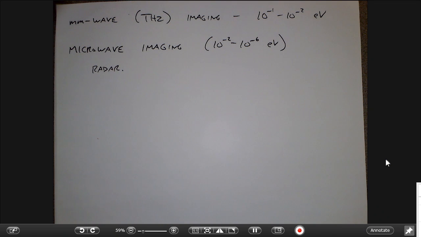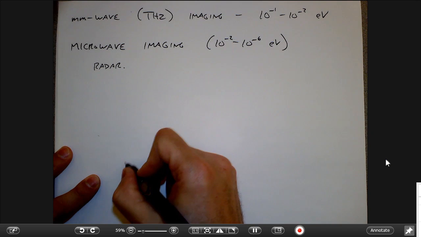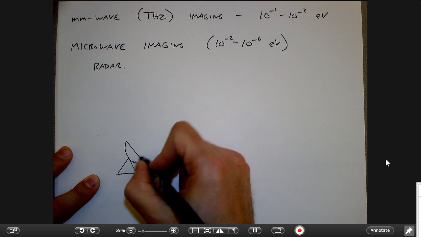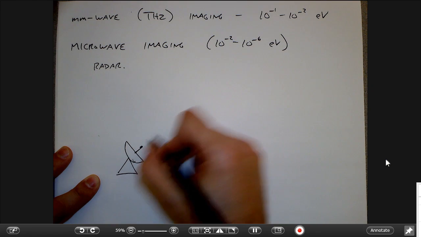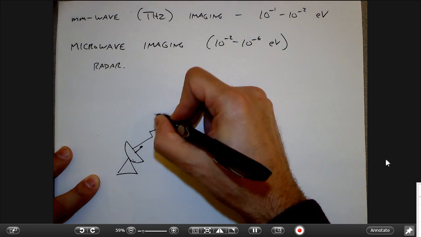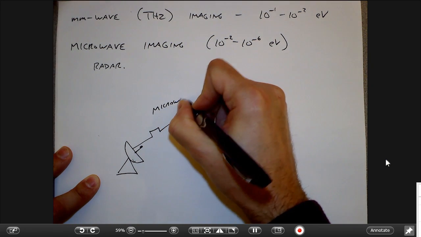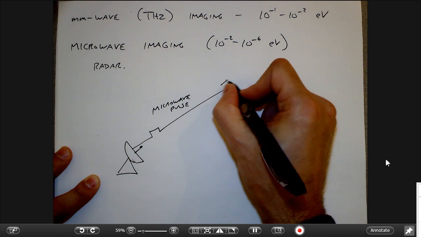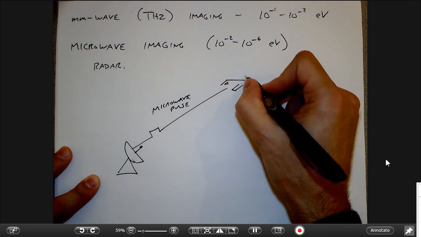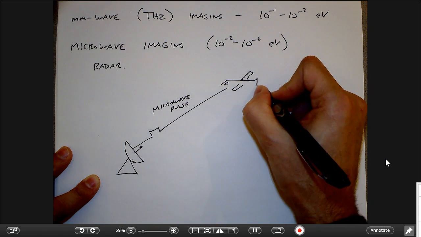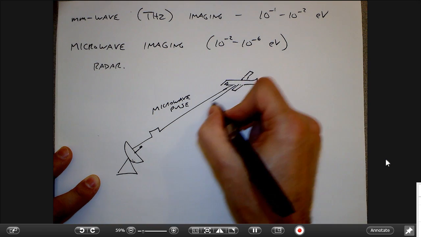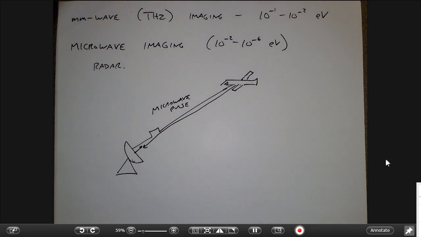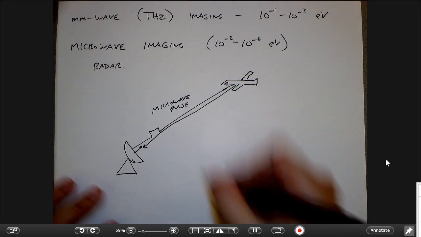You have some sort of emitter sending out a microwave pulse, and it hits an object, like this really crappy airplane. Then based on whether something returns and the time delay of the return, you can infer what's out there in the sky.